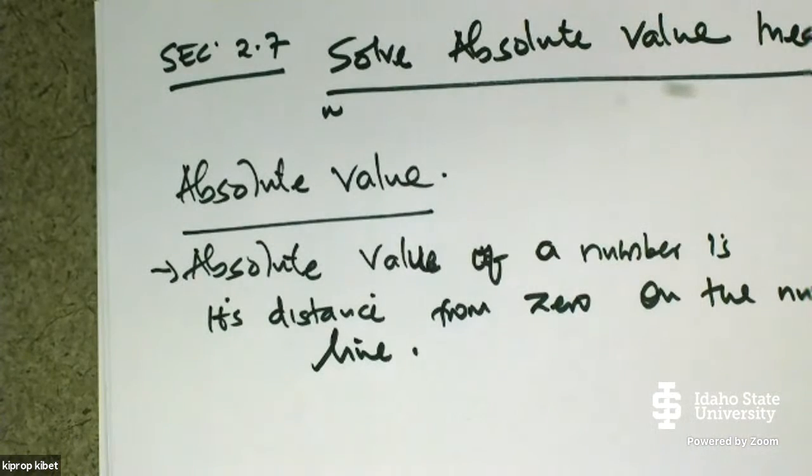Absolute value of a number is its distance from 0 on the number line.